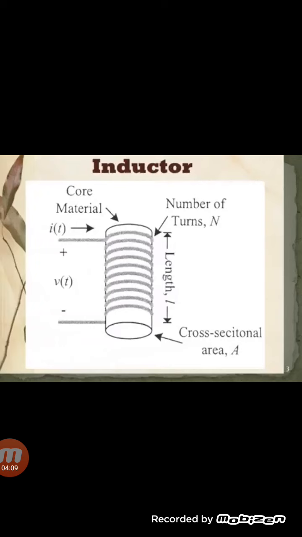Length L, number of turns N, and A is the cross-sectional area. Okay, and what is passing through here is the current I, and what is going to be established across it is the potential, from positive to negative.